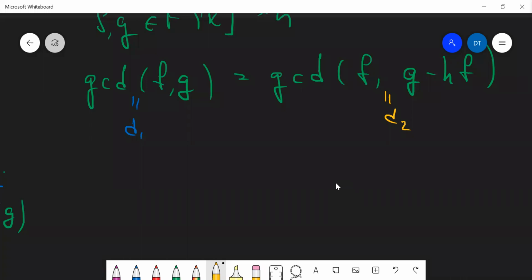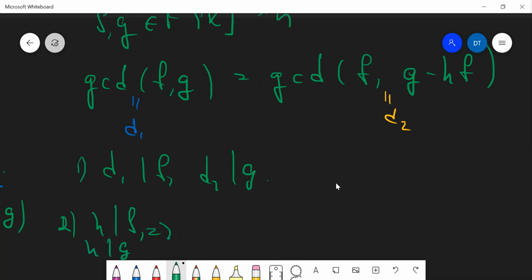D1 and D2 are not uniquely determined, but let's assume that they have leading coefficient 1, then we can prove that they're the same. So what is D1? D1 must divide f and g, and if something divides f and g, then it divides D1. So these are the properties for D1.